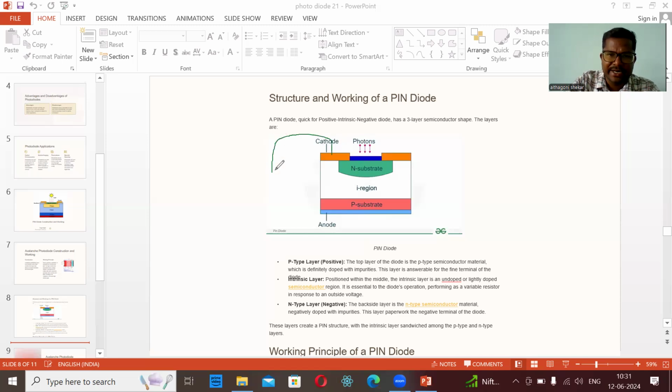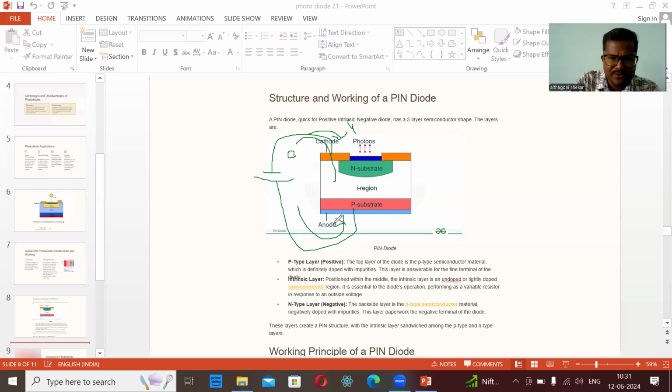The electrons are attracted by the cathode, so electrons and current move in this direction. Next, the positive charges move this side because the anode attracts them.